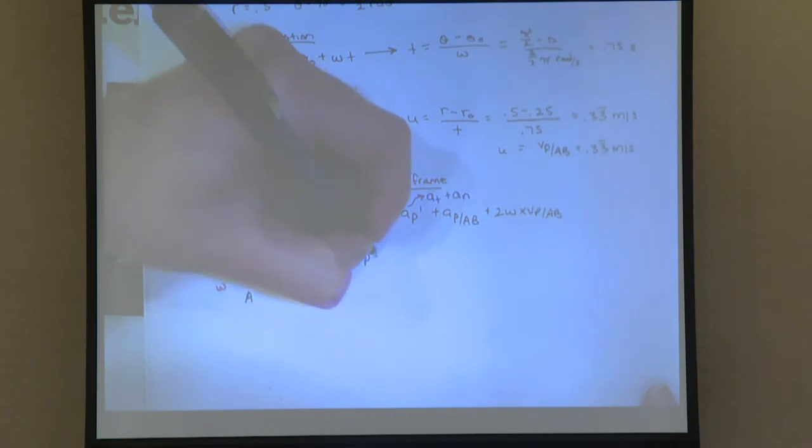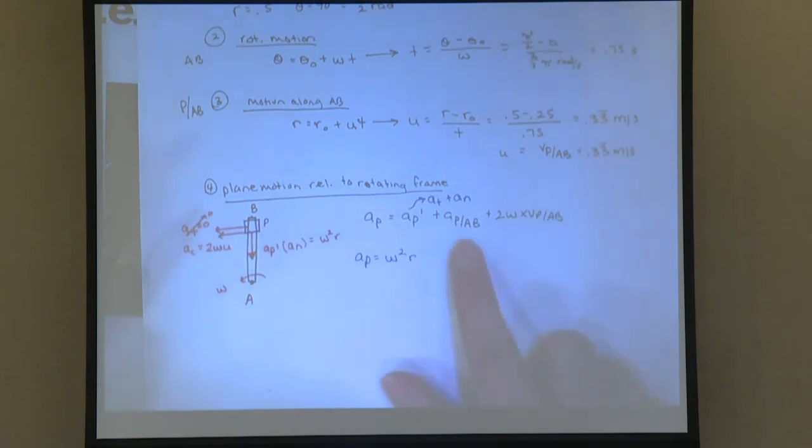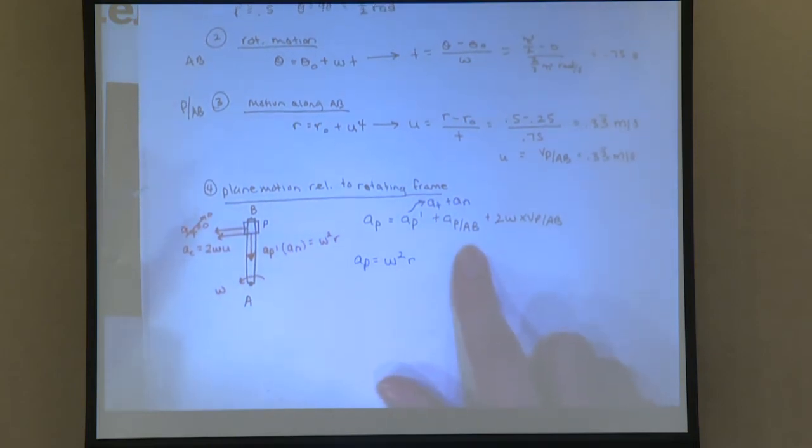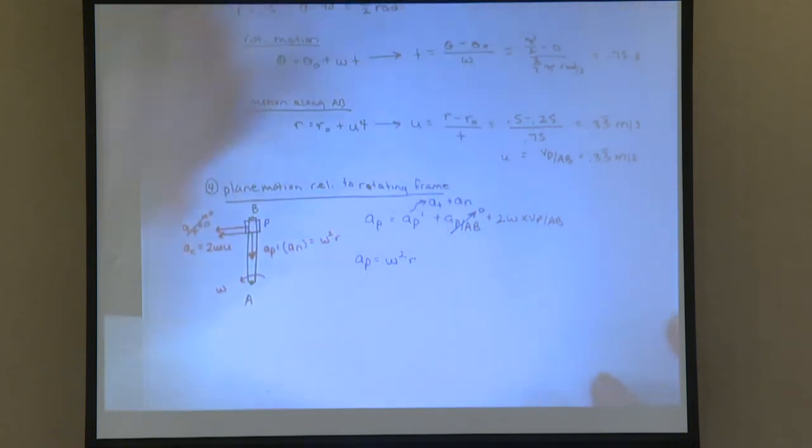So all we have is AN. So we have AP is equal to omega squared R. The AP relative to AB: if the collar on AB were speeding up as it was going across the surface, then we would have an acceleration there. But it says that u, the velocity that it's moving across that rotating rod, is constant, so the acceleration is 0.